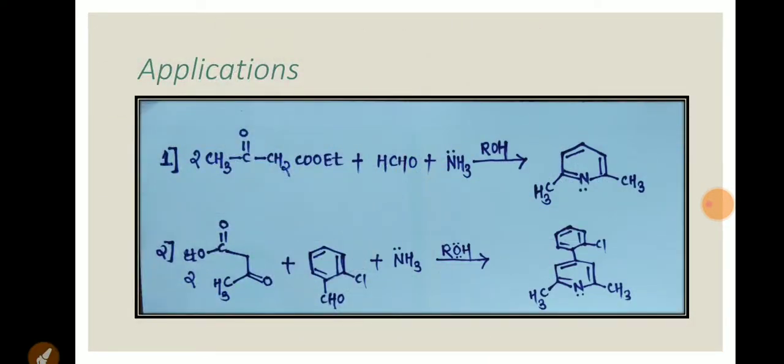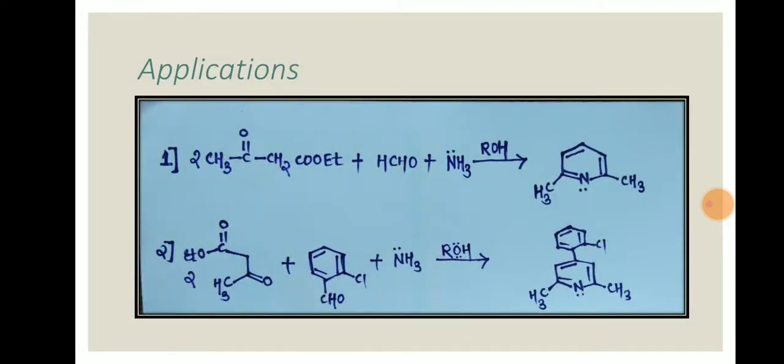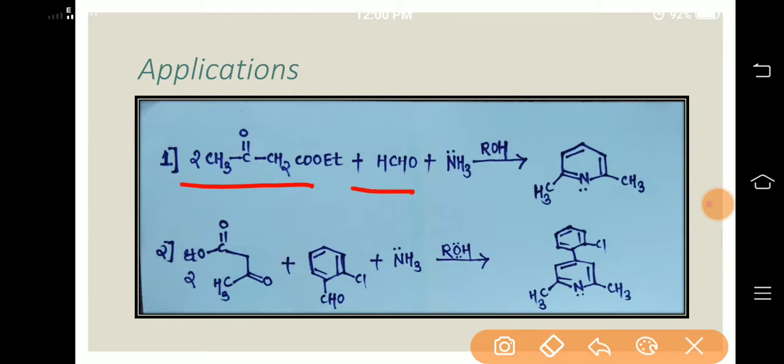Now these are applications of Hantzsch synthesis. It involves the use of two equivalents of ethyl acetate along with formaldehyde and ammonia, which leads to the formation of a 2,6-dimethyl-pyridine derivative.